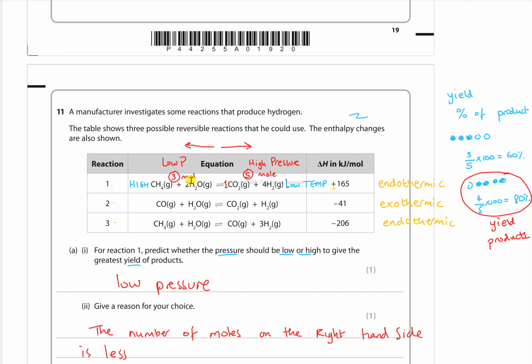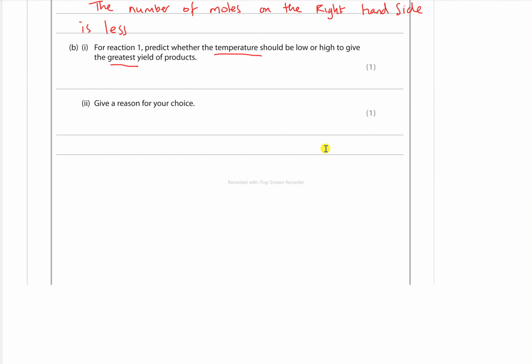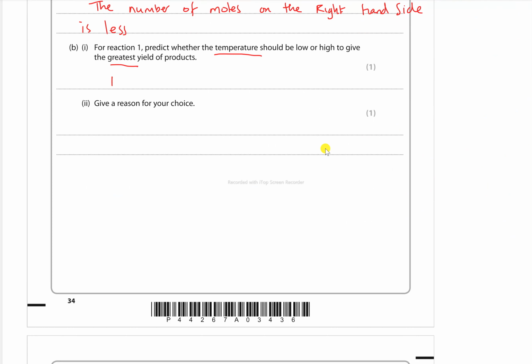If we increase the temperature, the system will go down to the low temperature side, which is where we want it on the right hand side. So what we do is we use a high temperature. And the reason is because the forward reaction is endothermic.